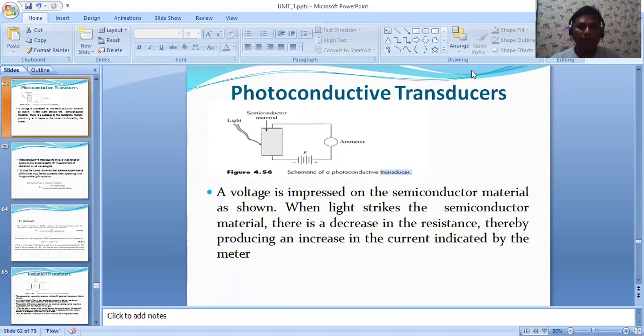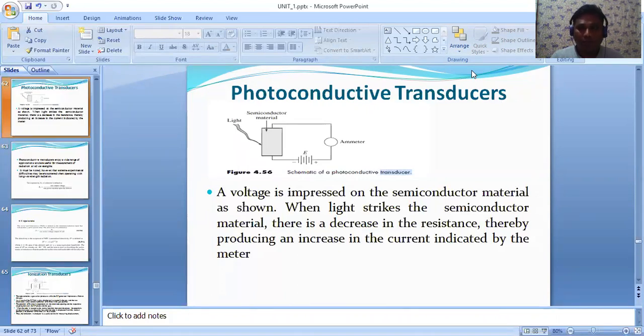Here in the photoconductive transistors, we give the input light to the semiconductor material. That is processed, and then it delivers the electrical result, which is current.